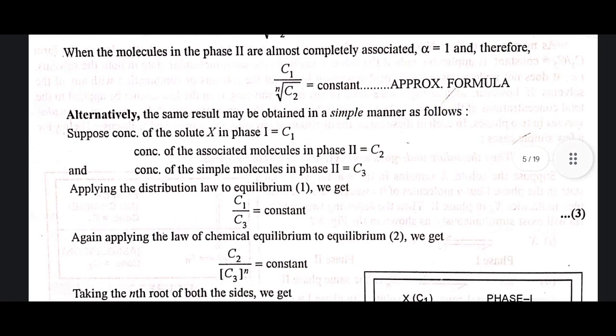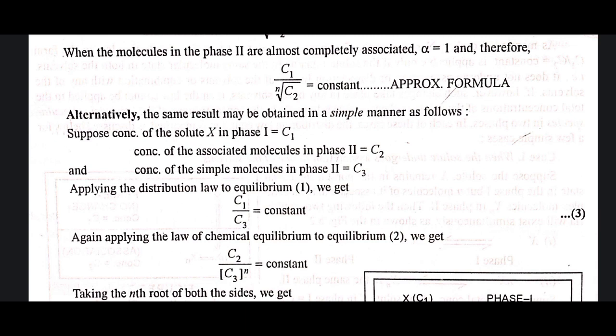Alternatively, the same result may be obtained in a simple manner as follows. Suppose the concentration of the solute X in phase 1 is equal to C1, the concentration of the associated molecules in phase 2 is equal to C2, and the concentration of the simple molecules in phase 2 is equal to C3.